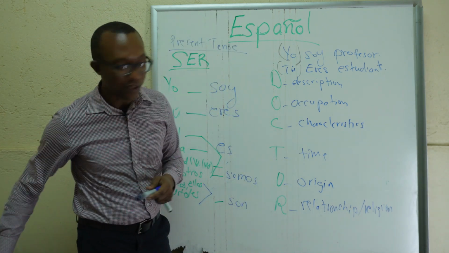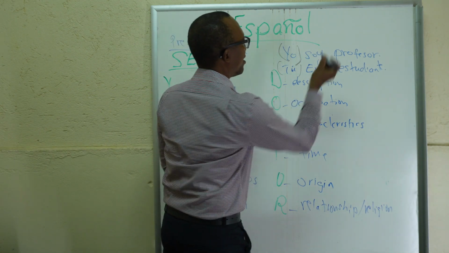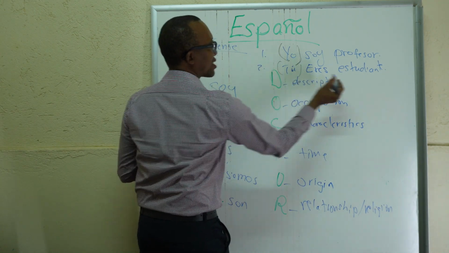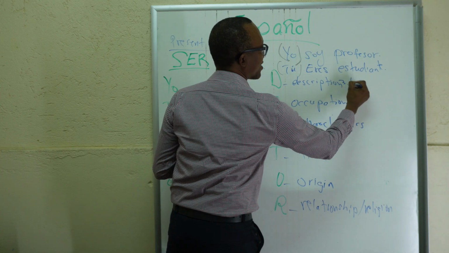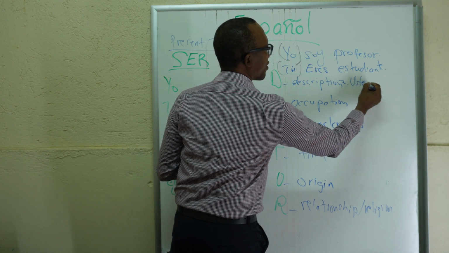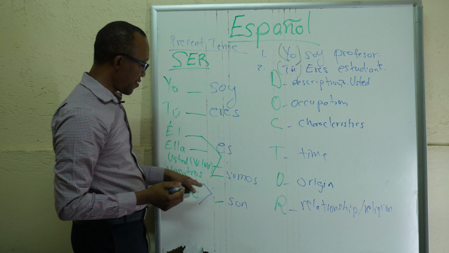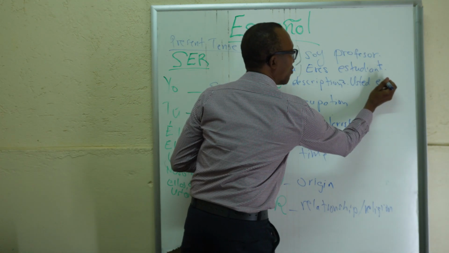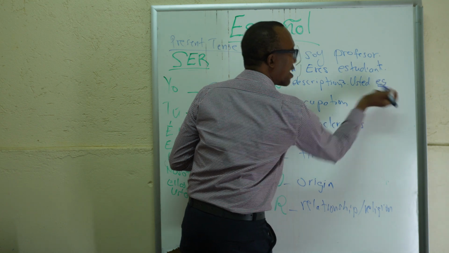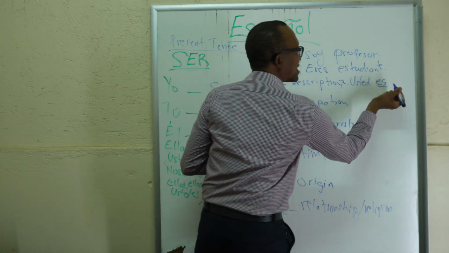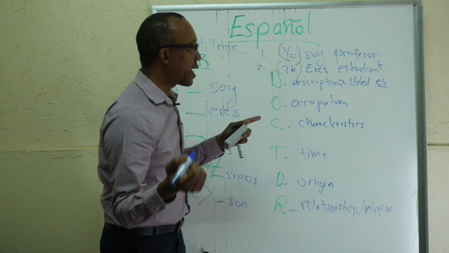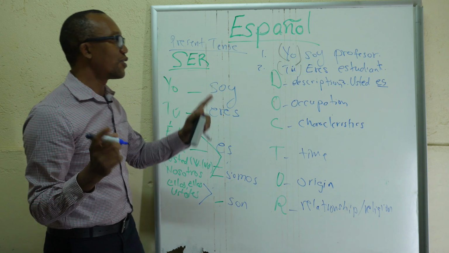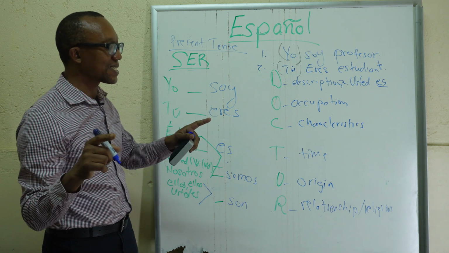So, número uno, dos, tres. So usted, and you can abbreviate it to UD or VD as is evident here. So usted, and the correct form has to be es. Usted es student.